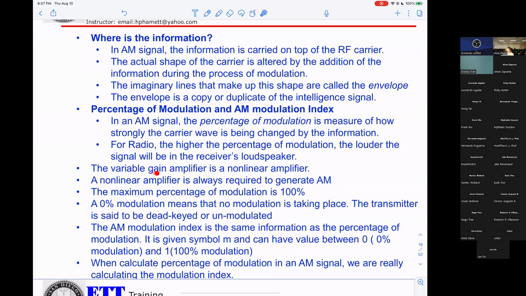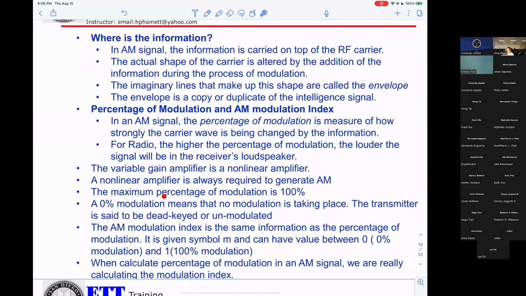The variable gain amplifier is a non-linear amplifier. That means you don't have to do anything. Automatically, they change. That will be non-linear. A non-linear amplifier is required to generate an AM signal.